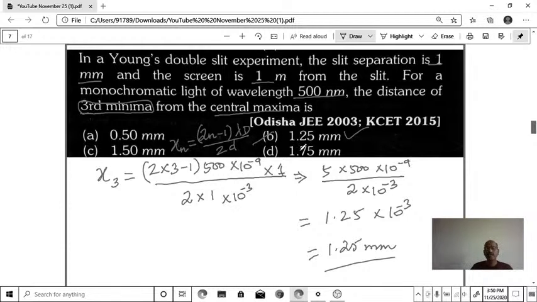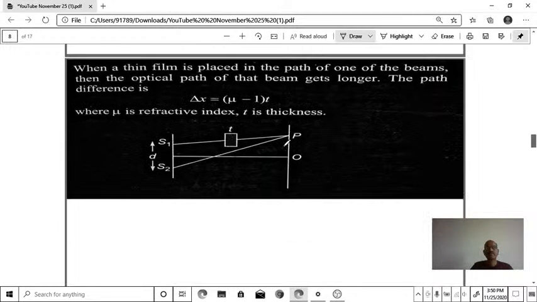Okay. Let us go for the next one. Here, this formula you need to remember. Whenever a thin film is placed in the path of one of the beams from the two sources, slits S1, S2, in any one of the paths, with thickness small t, the optical path of the beam gets longer.